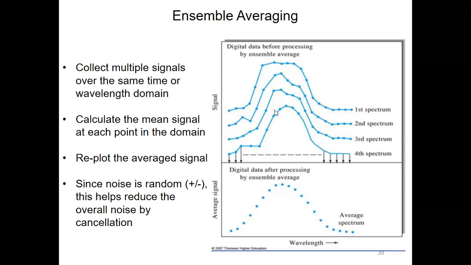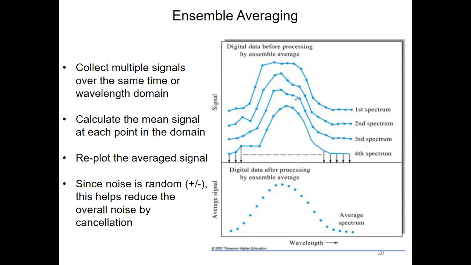So look at the image shown here. The first graph shows the digital data before processing by ensemble averaging. This is all the data acquired before averaging: first spectrum, second spectrum, third and fourth.